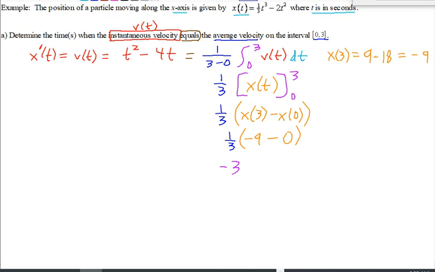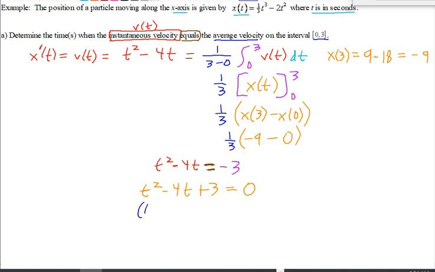So that's our average velocity on the interval from 0 to 3. And we want to know when this instantaneous velocity, determine the time or times, equals that. Okay. So to solve this, you can just add the 3 over. So you get t squared minus 4t plus 3, and then see if it factors here. Factors of 3 that add to negative 4.